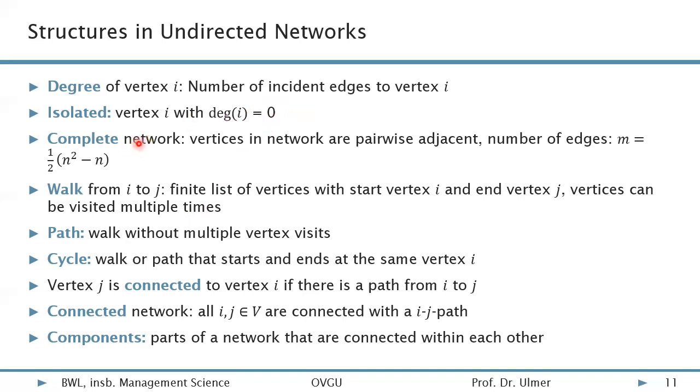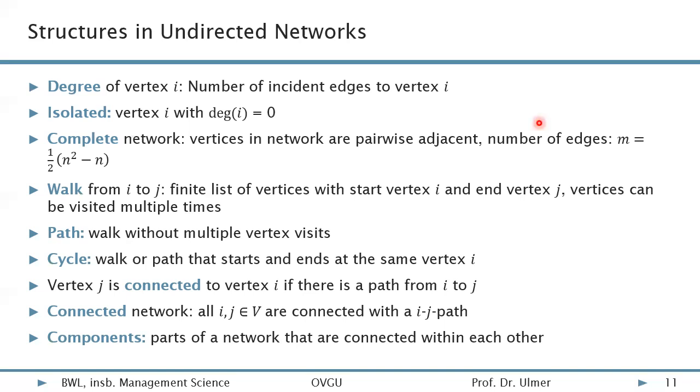A complete network means all vertices are pairwise adjacent, meaning they are all neighbors. So in this network, everyone is connected, and there is a special relationship between the number of vertices, n, and the number of edges, m, in such a network. If we have only one vertex, then the number of edges is 0: 1 minus 1 divided by 2 is 0.